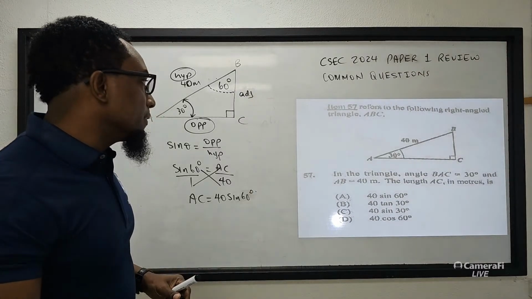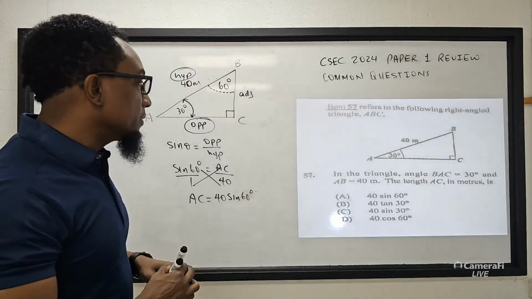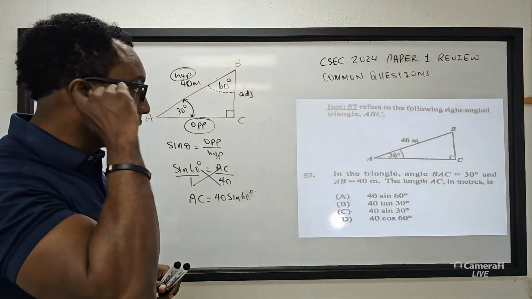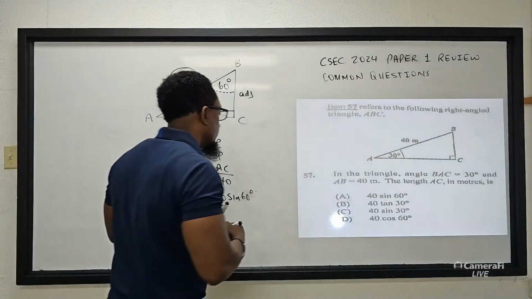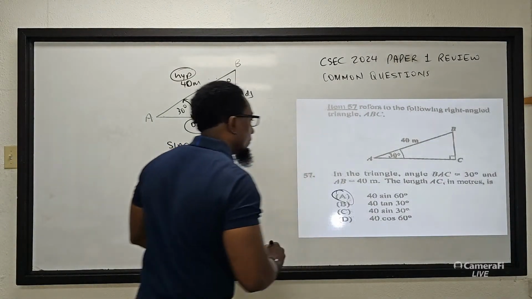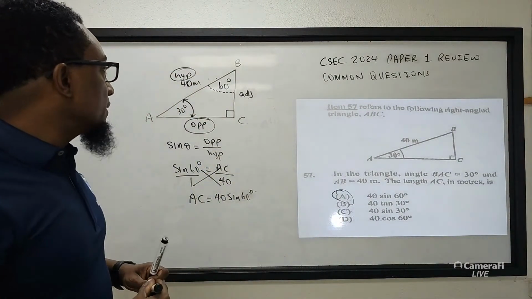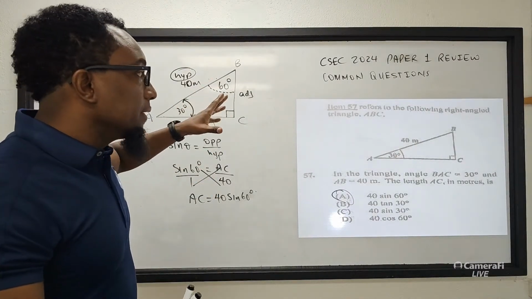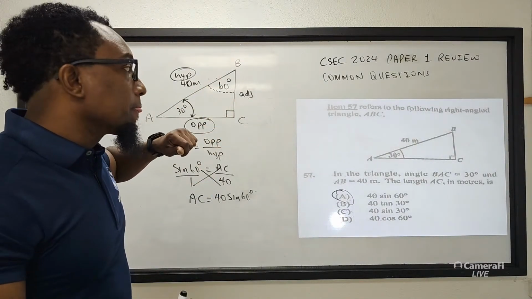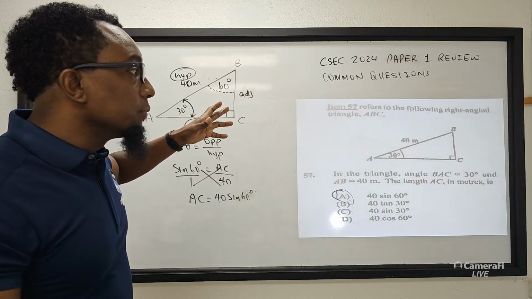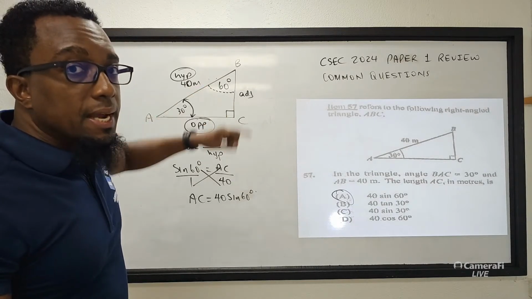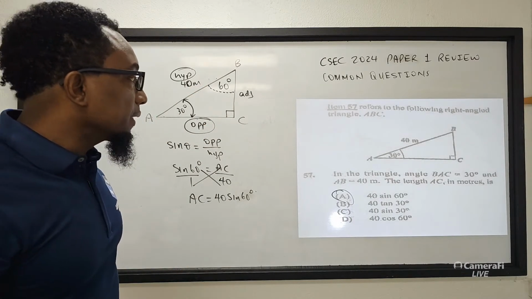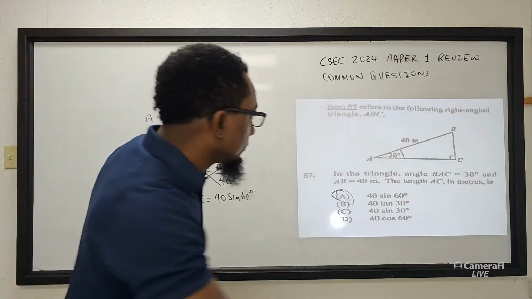And 40 sine 60 is there, whose answer for 57 is A. Alright? So it's 40 sine 60. So you have to be very careful. If you see this question, again, just make sure you read it carefully. You might try one variation, see it doesn't work, but just remember there's another acute angle. Alright? Okay, let's look at 58.